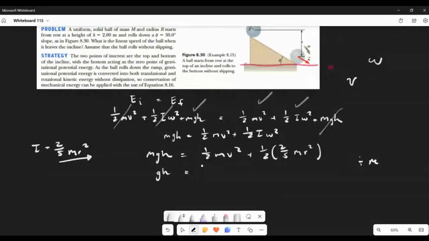Then we have gh, then we have a half v squared, plus this will be, I believe, 2/10, and this will be r squared. I hope you all can see that. If I'm moving too fast, just let me know. All right, I think we did the right thing there.